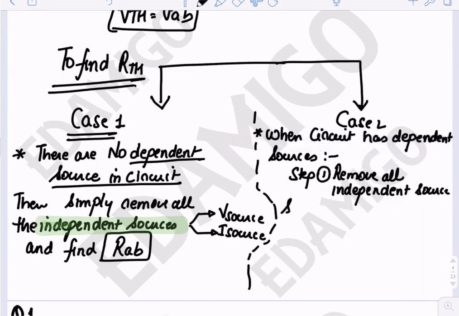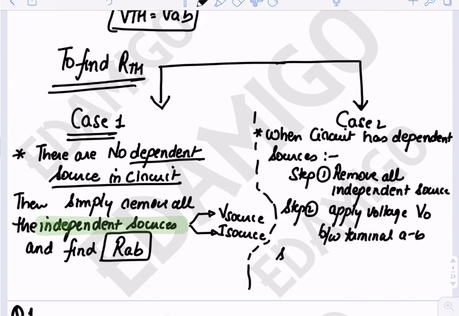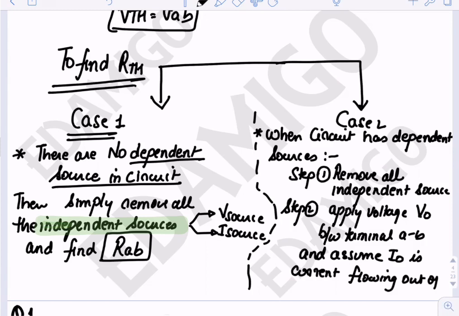Step 2, apply voltage V0 between terminals A and B and assume I0 is the current flowing out of V0.